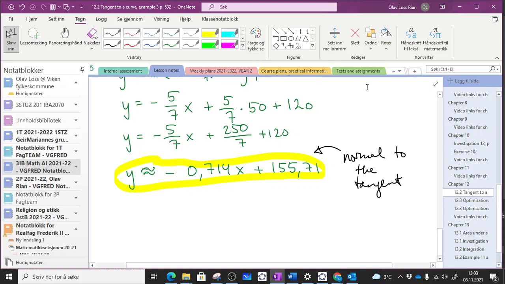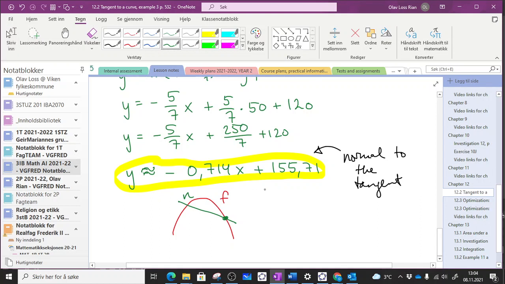So here we have f, right? And then we have the normal here. Let's call that n. So the intersection point between the normal and the original function, that would be the entry point for this elevator shaft.